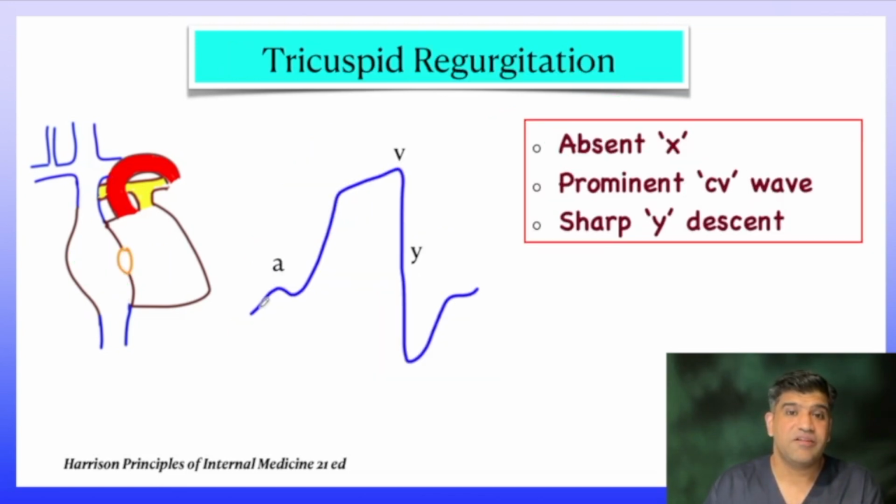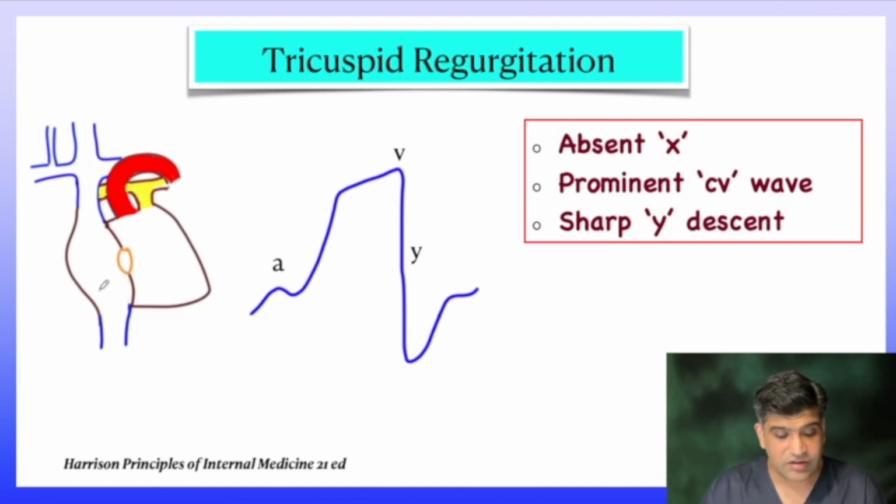Now let's see a very important valvular pathology called tricuspid regurgitation. Tricuspid regurgitation means the tricuspid valve has closed, but it has not properly closed. It is leaking. So the blood which is supposed to go only from RA to the RV is coming back from RV to the RA through a leaking tricuspid valve.